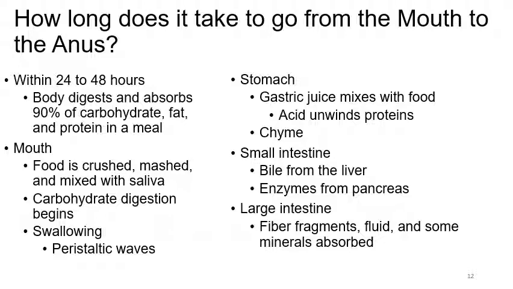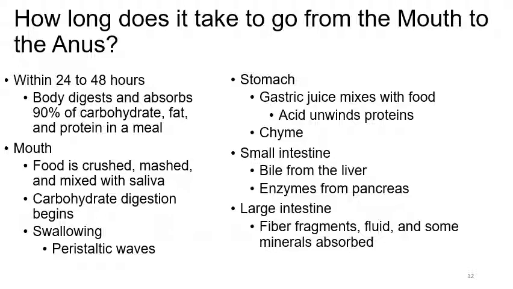Within 24 to 48 hours, the body digests and absorbs 90% of the carbohydrate, fat, and protein in the meal that you ate. In the mouth, the food is crushed and mixed with saliva. Carbohydrate digestion begins in the mouth. Swallowing, the peristaltic wave is there too.